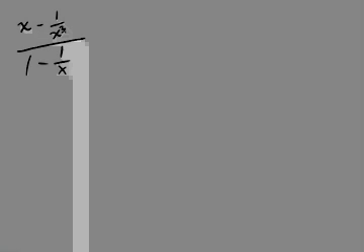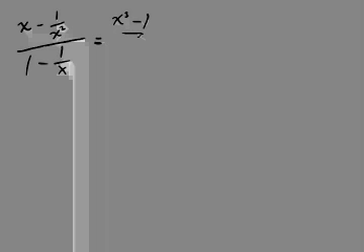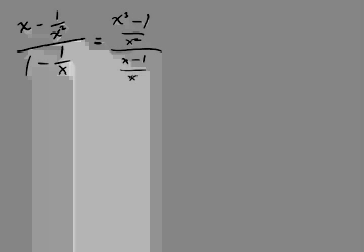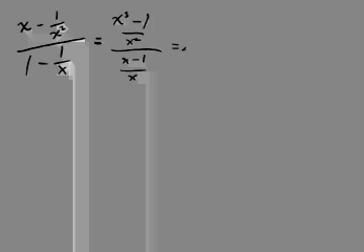x minus 1 over x squared divided by 1 minus 1 over x is the same as x to the third minus 1 over x squared divided by x minus 1 over x, which is the same as x to the third minus 1 over x squared, multiplied by x over x minus 1.